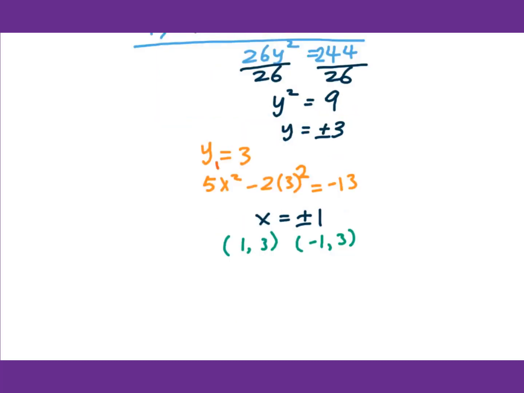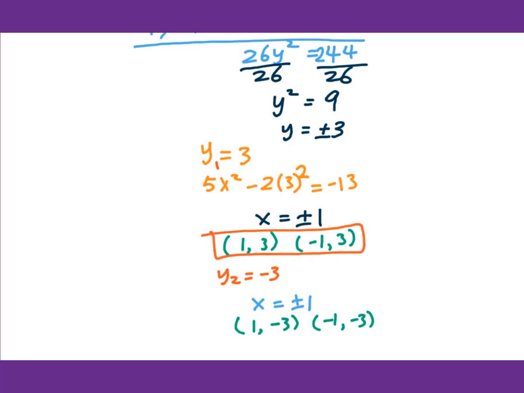Then we plug in y2 equals negative 3. You will get the same answer for x equals plus or minus 1. In other words, (1, -3) and (-1, -3) will be the other two solutions. So altogether we have 4 solutions to this equation.